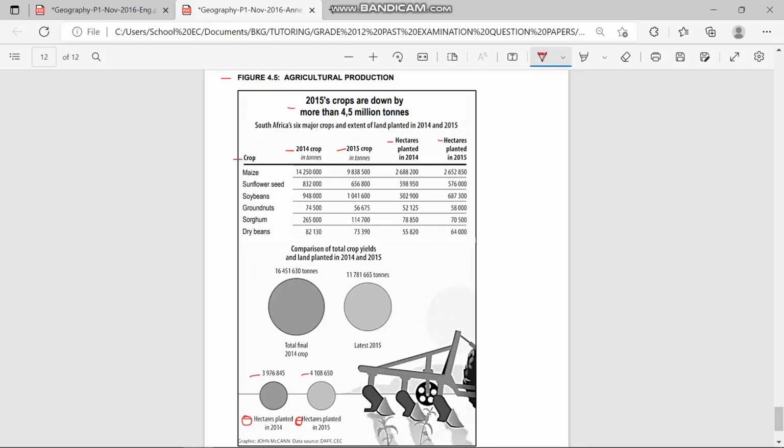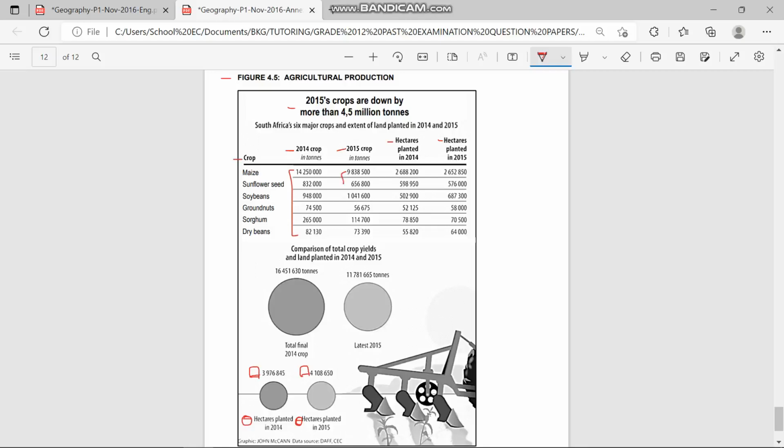The crop yield in 2014 was high, but in 2015 it was low. It has gone down.